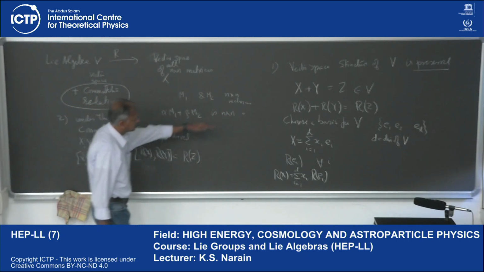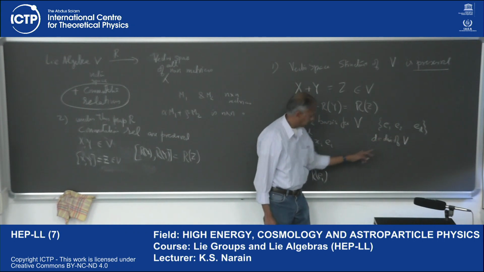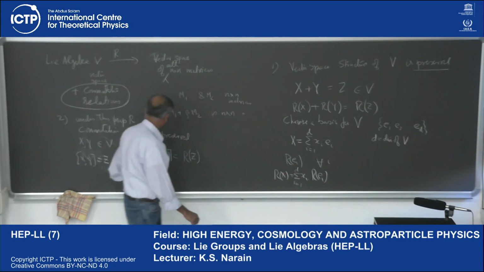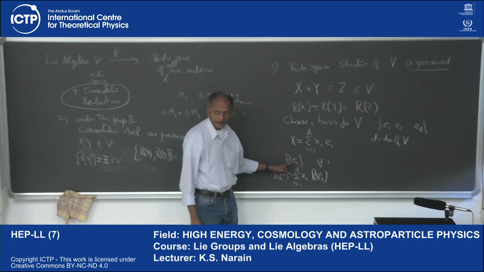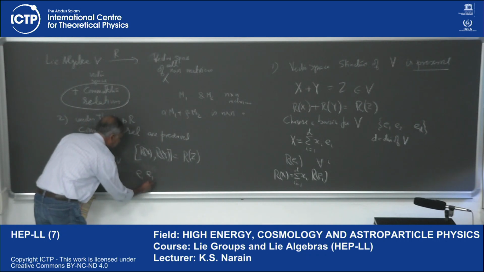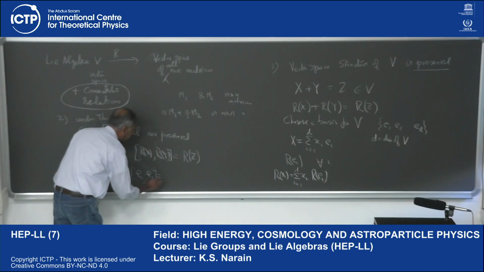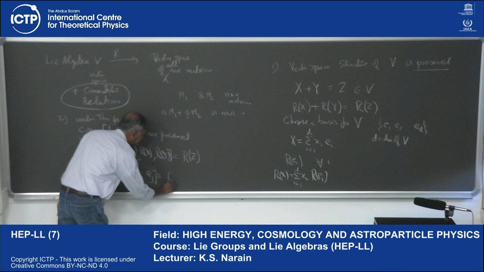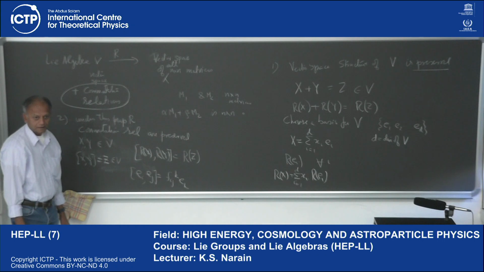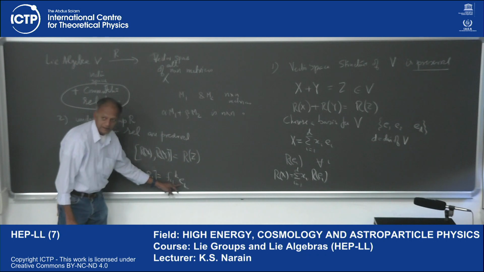So this condition already told us that only D of them are independent, right? So once I fix the R of E_i, then I fix everything else. But this condition gives further restrictions on even this R of E_i. Because let's say E_i and E_j, which are elements of E, satisfy some commutation relation, which let me call f_ijk E_k. Because after all, this is going to be an element of E, so I can expand it again in the basis.